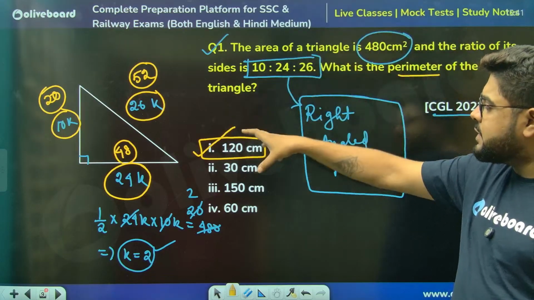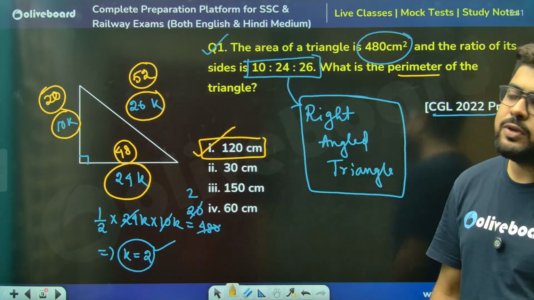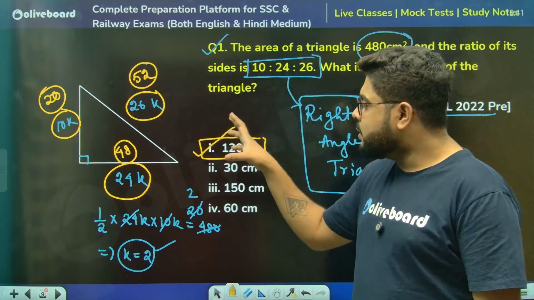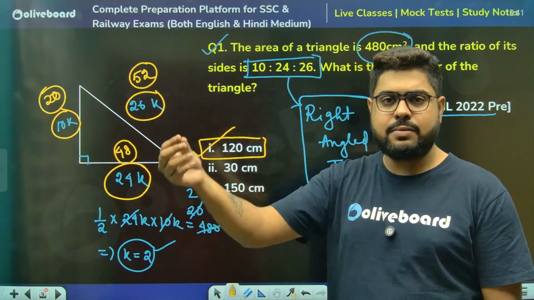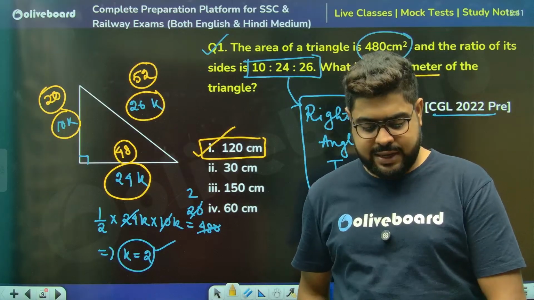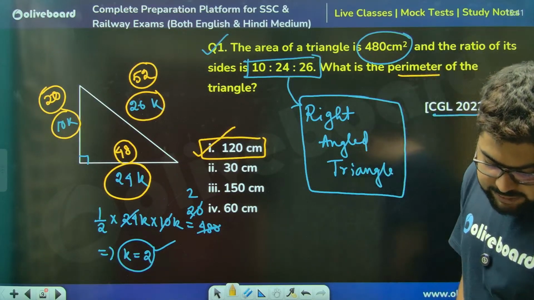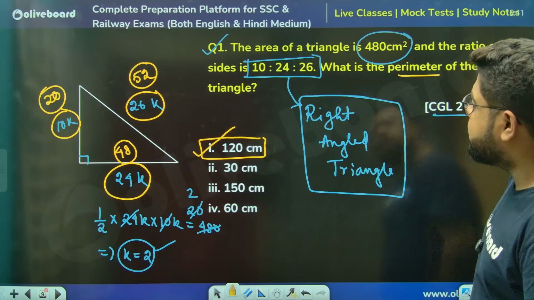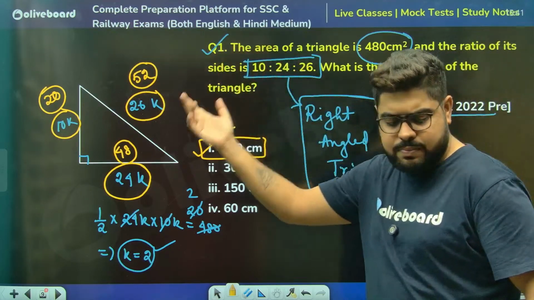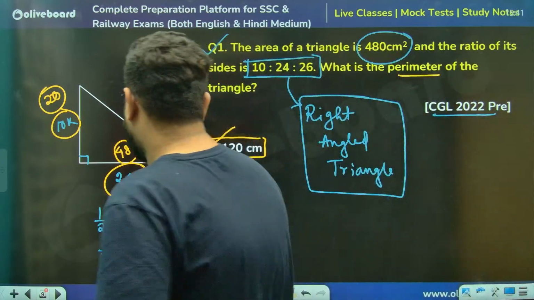This very simple question becomes a little complicated because in the square root there will be this K, whatever ratio variable you take. Sir, is it possible to reduce the variable? Absolutely, brother.